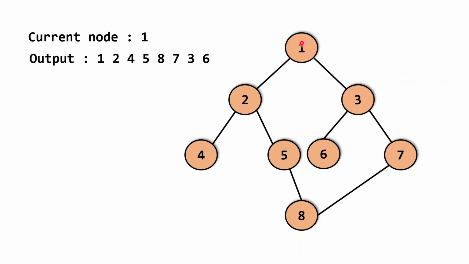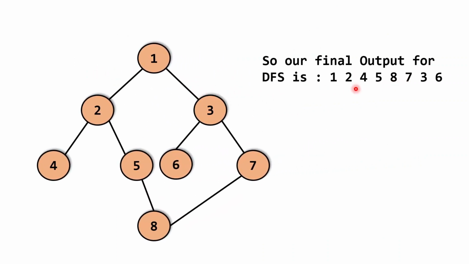So we will have to backtrack to its previous node, but there is not any previous node for this one. So we can say that our DFS algorithm is completed for this graph, and we can also see that all the nodes are visited and printed in the output.